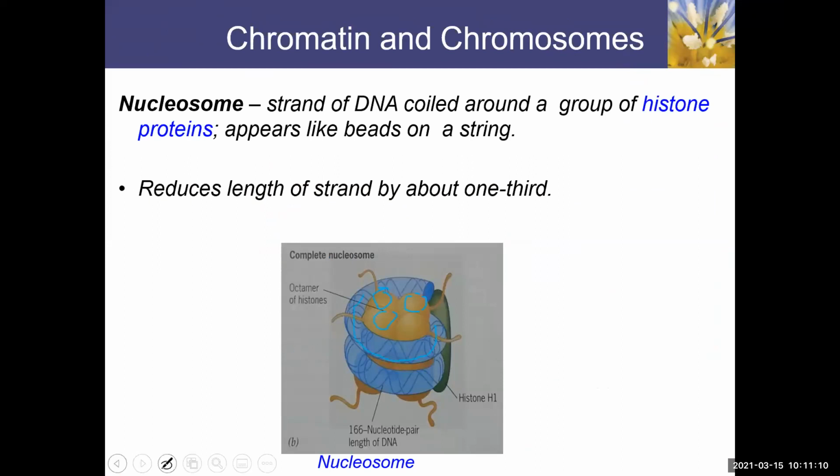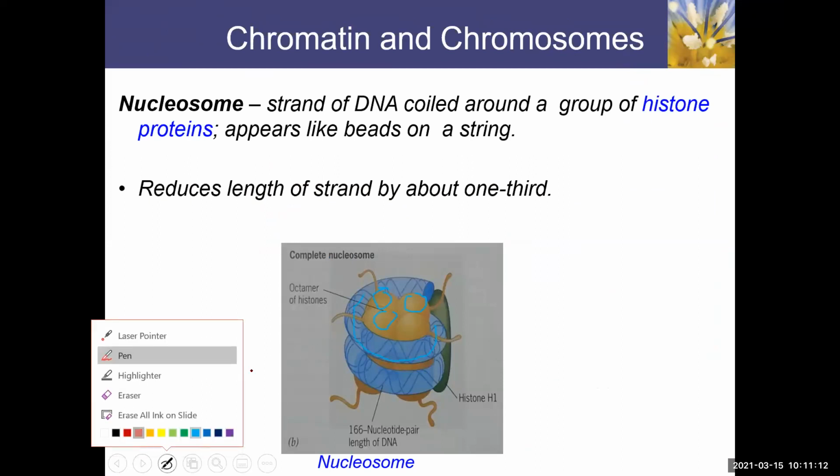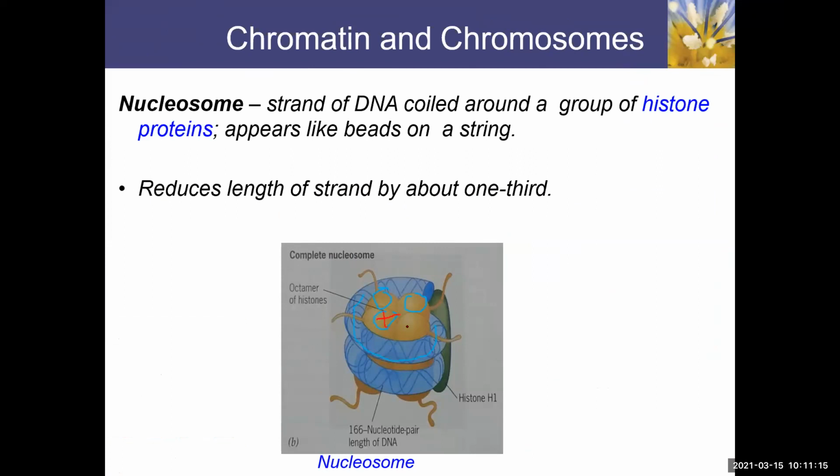I told you that histone proteins are positively charged. We discussed previously the side chains of the amino acids over there. And we know that the DNA, because of the phosphate, is negatively charged. That's how your histones and your DNA hug each other, because one is positive charge and the other is negative charge.